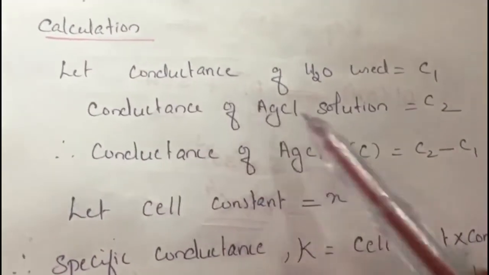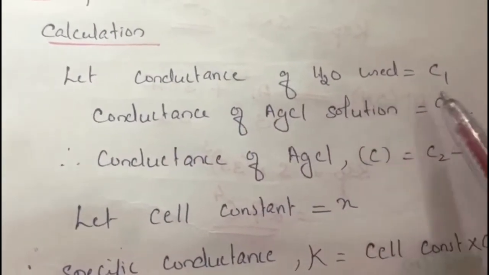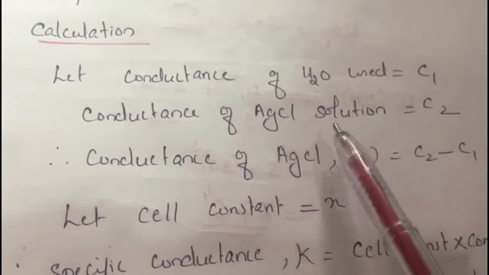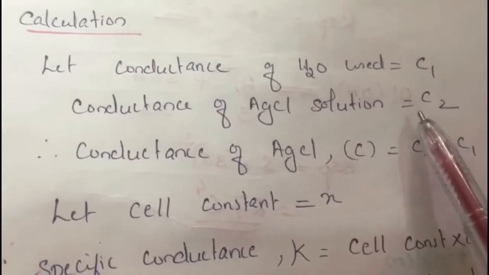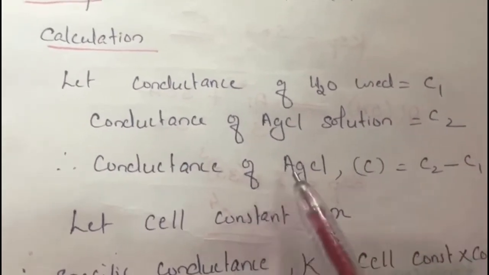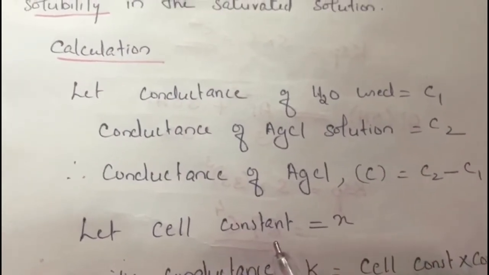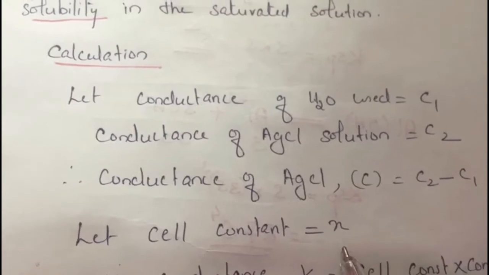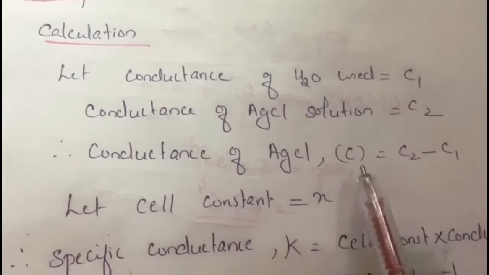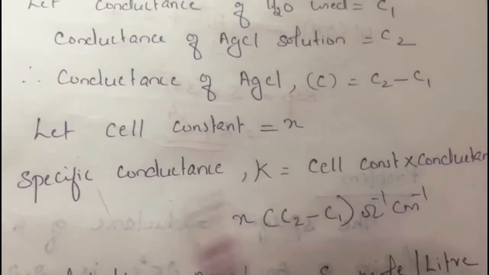So let us discuss the calculation. Let the conductance of water used be C1, and the conductance of silver chloride plus water be C2. Then the difference C2 minus C1 is the conductance of silver chloride used. Let the cell constant of the conductivity meter be X. So we have the conductance and the cell constant, and we can find the specific conductance kappa.